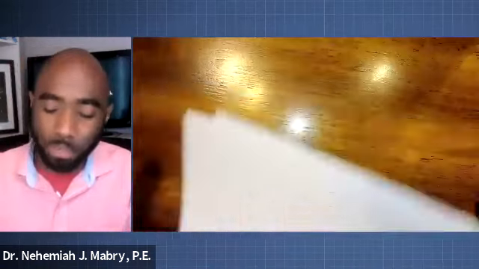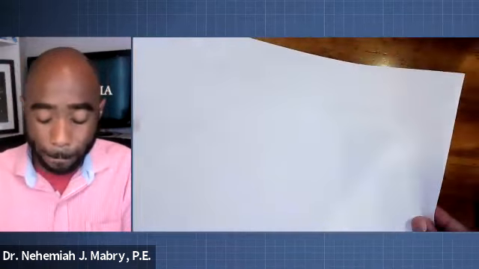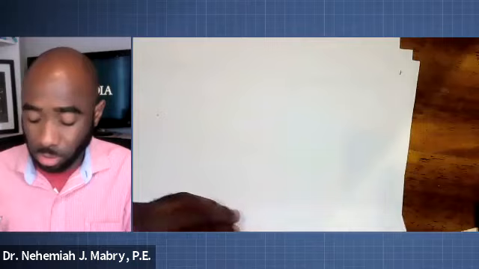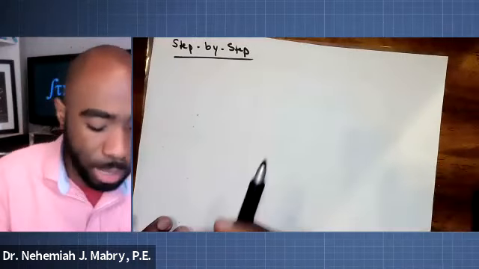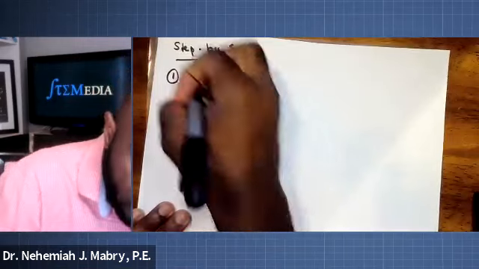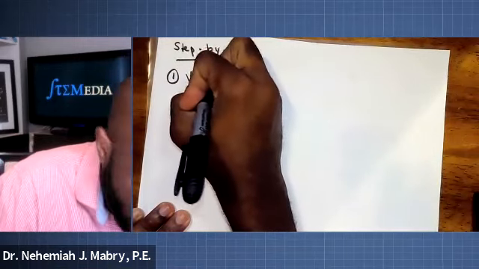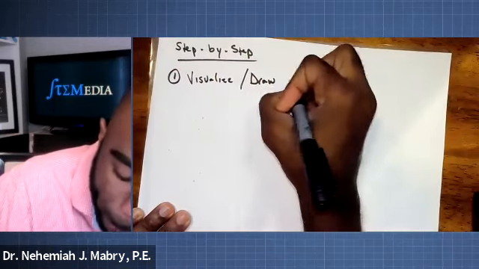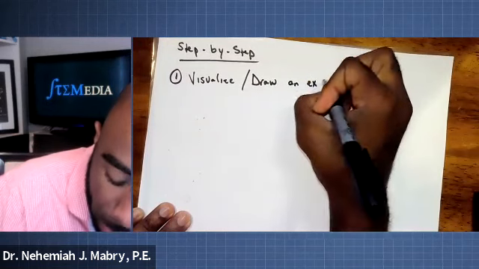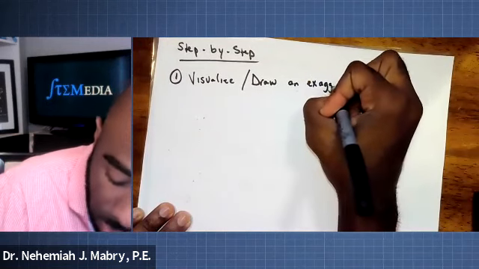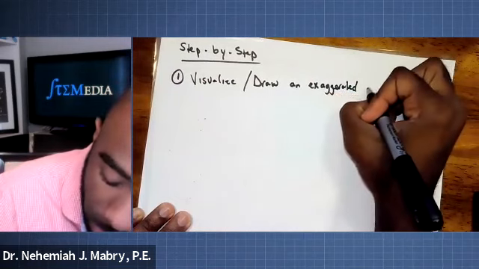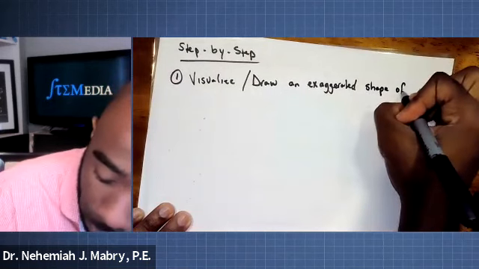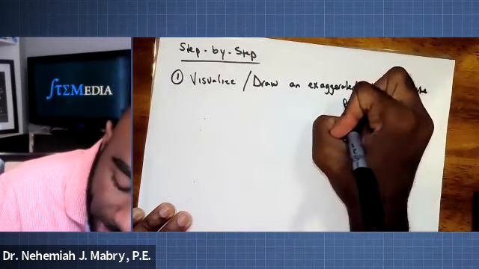All right, let me give you a procedure to keep in mind moving forward, a step-by-step approach. Number one, visualize. By visualize, you're also going to draw an exaggerated shape of the elastic curve.